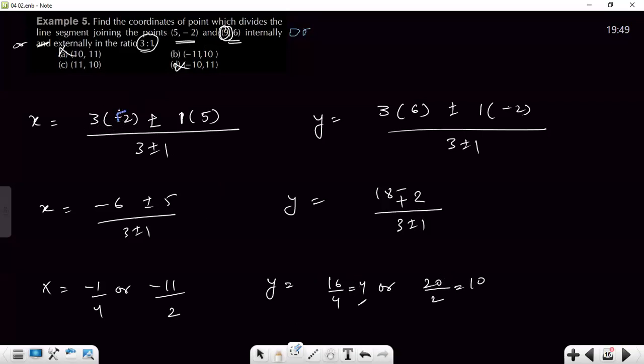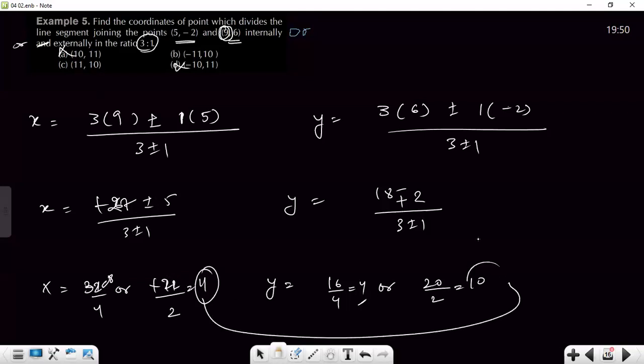I've written my y1 here in place of x2, which is 9 here. 3 into 9 becomes plus of 27. 27 plus 5 becomes 32. 32 divided by 4 becomes 8. Okay. And 27 minus of 5 becomes plus of 22, which will become plus of 11. So plus 11 and plus 10 are the coordinates, which gives us option number C as our correct answer.